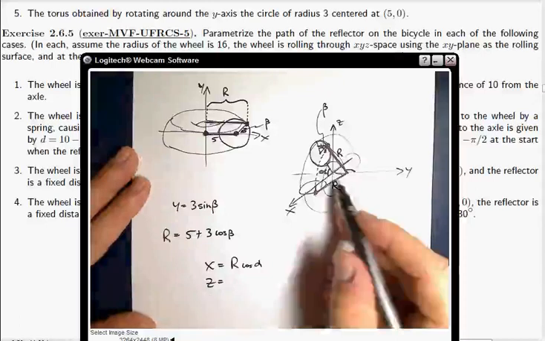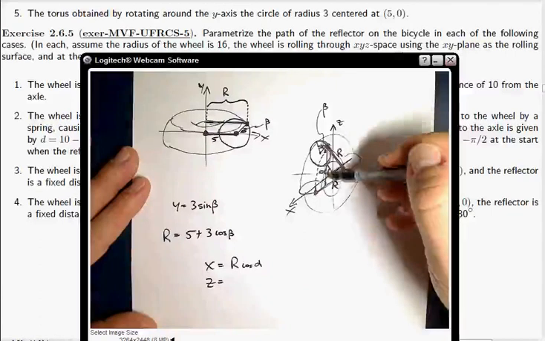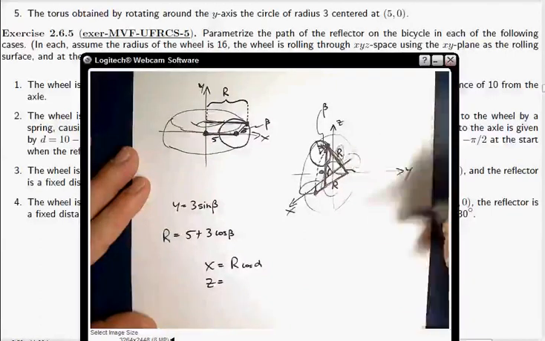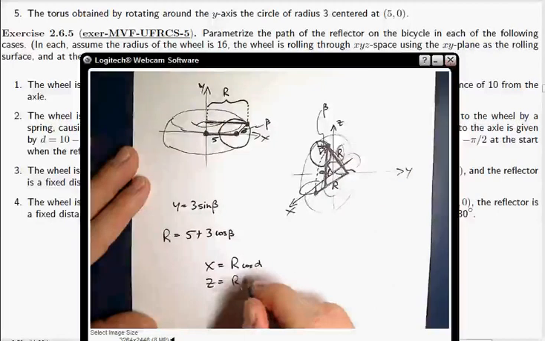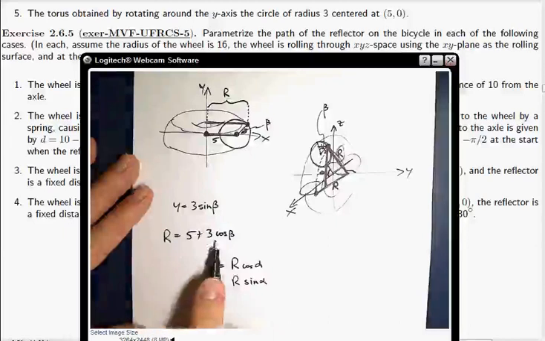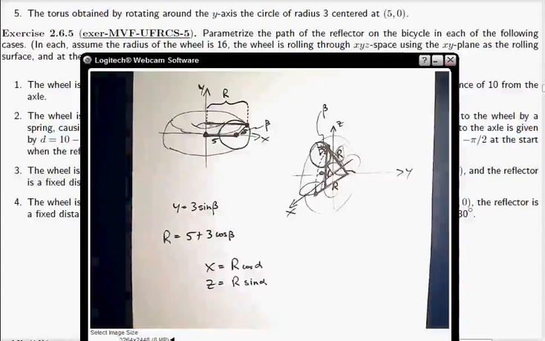And Z, the height there, is just that R times the sine of alpha. And R is this function of beta. So yeah, the picture gets a little nasty on this one. This is a hard problem.